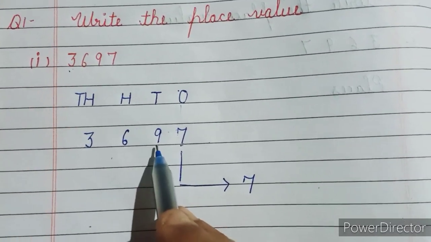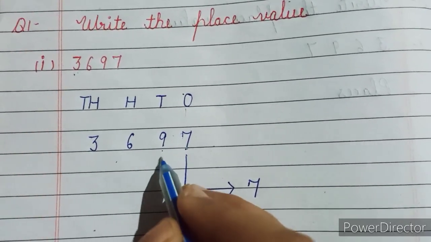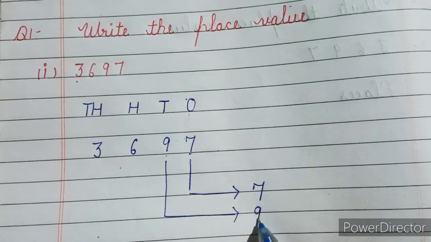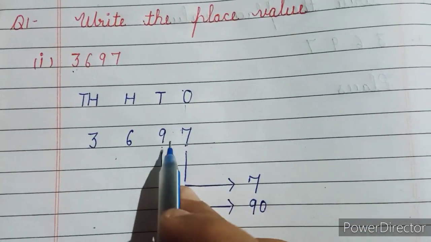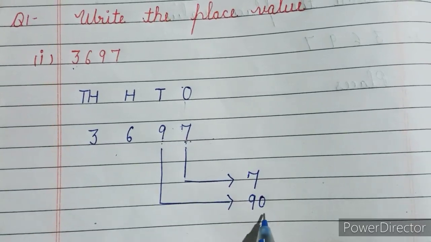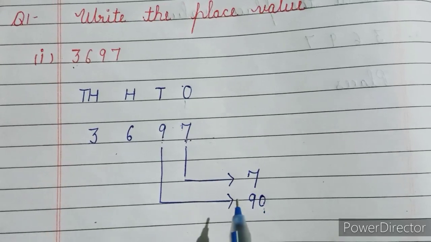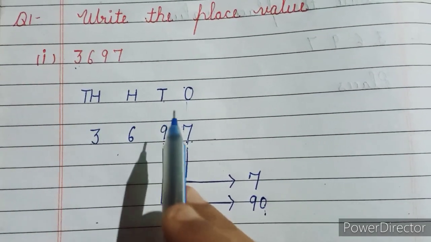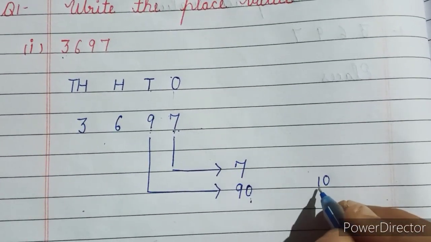Now we will move on to 9. The place value of 9 will be 90, because there is one more number after 9. Therefore, we will put 10 after 9. We can also say that tens are written here. Tens means 10.